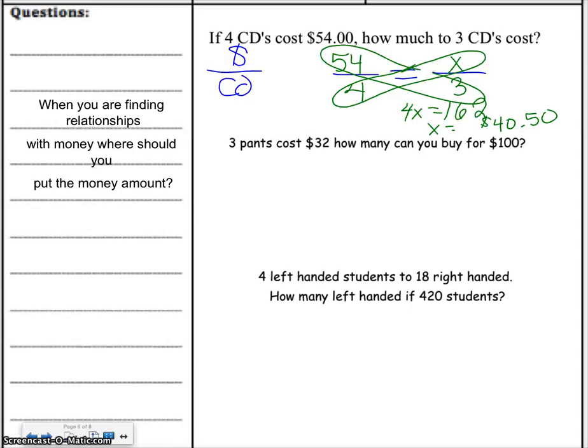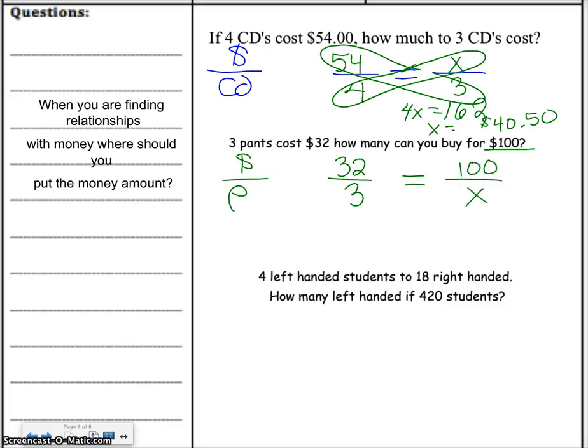Okay, so we have 3 pants cost 32. How many pairs of pants can you buy for $100? So what are the 2 things I'm talking about? Money is to pants. Create my little proportion skeleton, and it's money is to pants as money is to pants. 32 is to 3. Now, how much can you buy for $100? Where do the dollars go, top or bottom? Top.